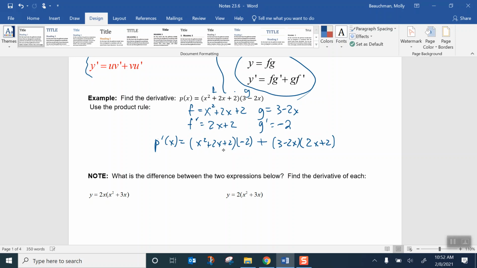So now we've got the derivative, but we've got to go ahead and do some algebra simplification. Multiply through by negative 2, I get negative 2x squared minus 4x minus 4. Multiply these two together, I get plus 3 times 2x is 6x, outer, plus 6 inner, minus 4x squared last, minus 4x. Add together our like terms, we end up with negative 2 minus 4 is negative 6x squared.